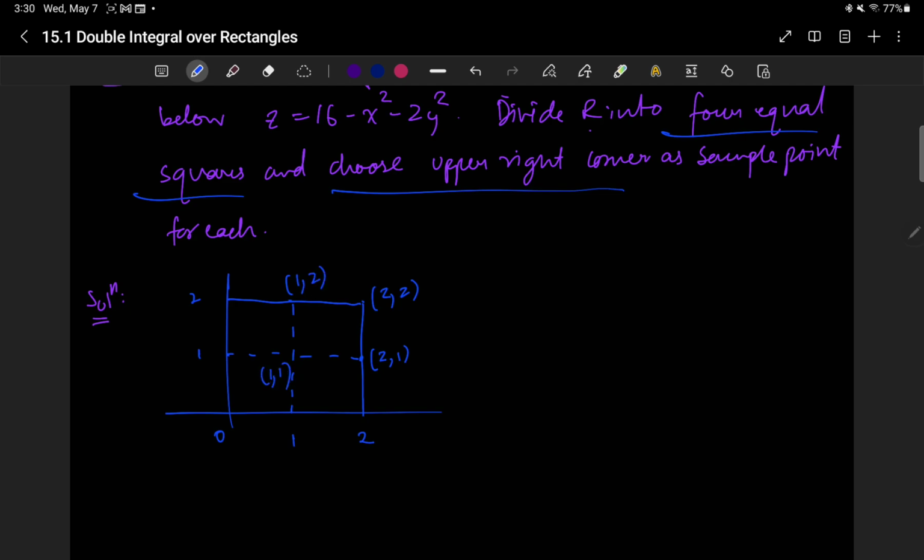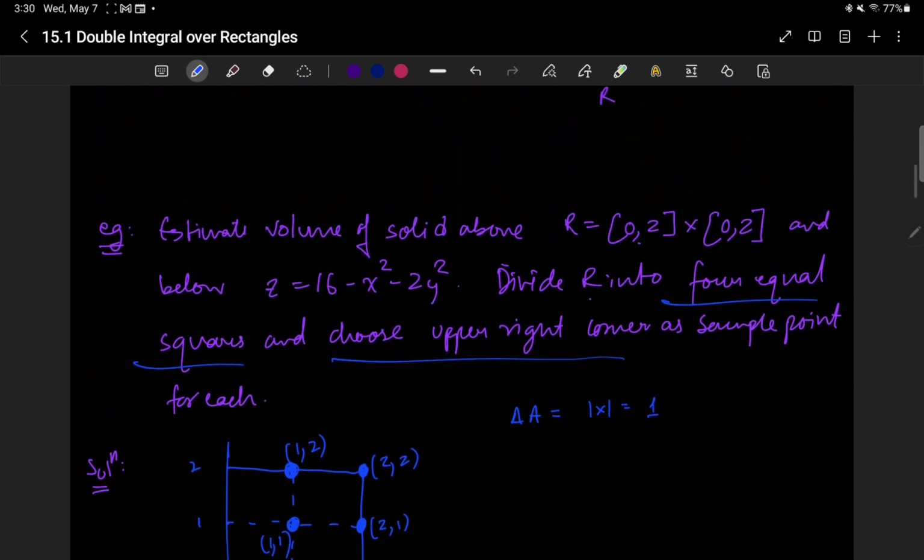And based on the choice, the upper right corner, we're looking at these points as the samples for each height. The delta A, the area for each, is 1 by 1, so it's just 1.